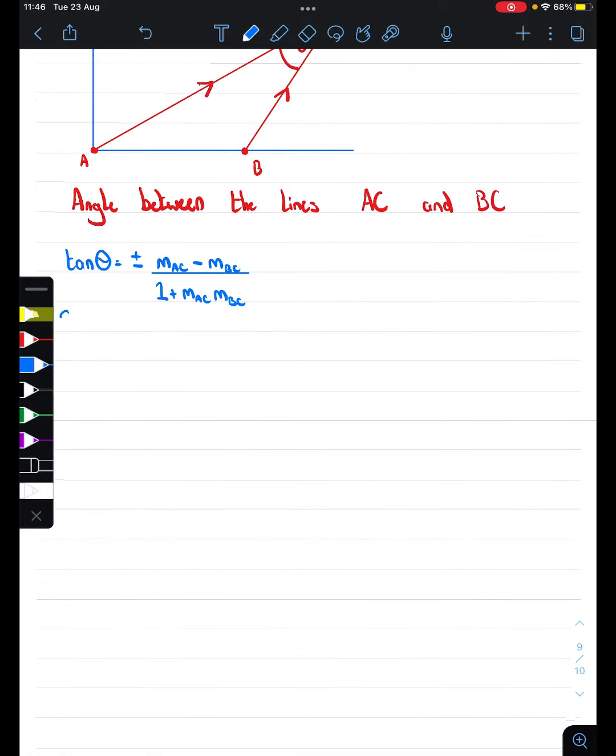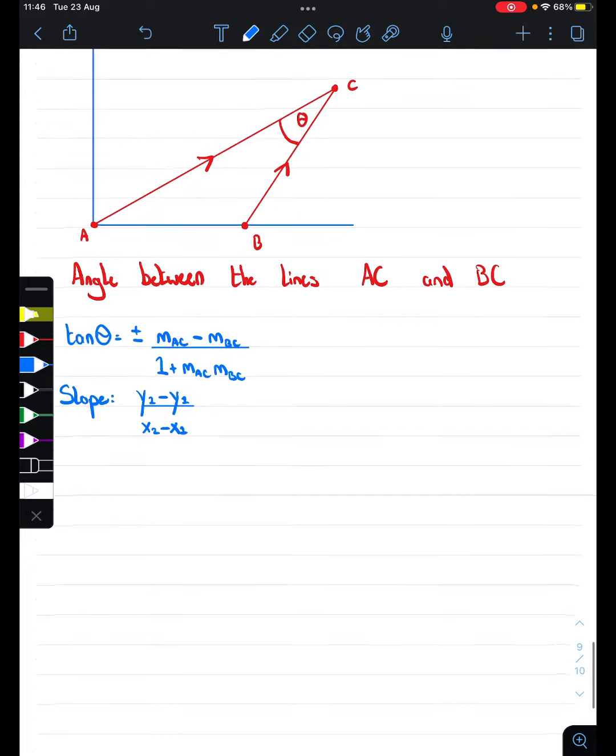And that should be fairly easy to figure out since we have this slope formula. So given 2 points on the line, the slope of the line between these 2 points is y2 minus y1 over x2 minus x1, where x1, y1 and x2, y2 are the 2 points you're looking at.